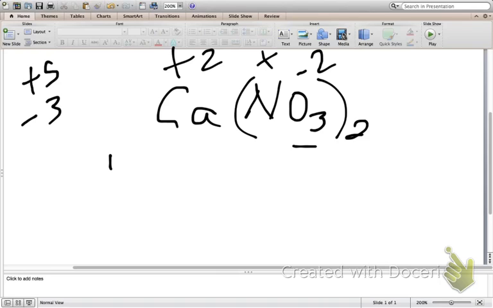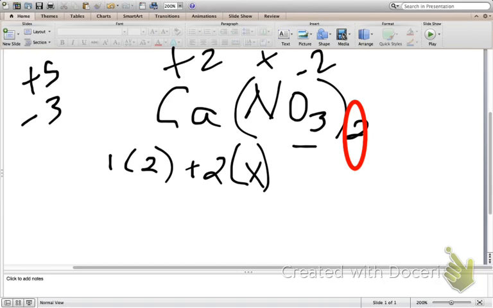So we have 1 calcium atom, and then we have, be careful with this, 2 nitrogens that are X, and then we have 6 oxygens that are each -2. And this time it adds up to 0. There was no charge shown here.